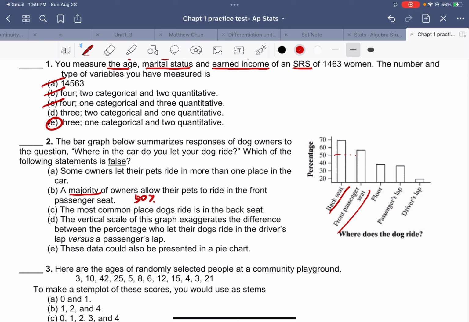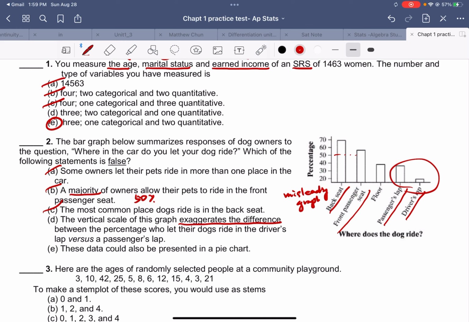Now the vertical, so those are out. The vertical scale of the graph exaggerates the difference between the percentage who let their dogs ride in the driver's lap versus the passenger's lap. If you look at the driver's lap and passenger's lap right here, the difference is exaggerated. That's true. It looks like a huge difference, but actually this is a misleading graph.